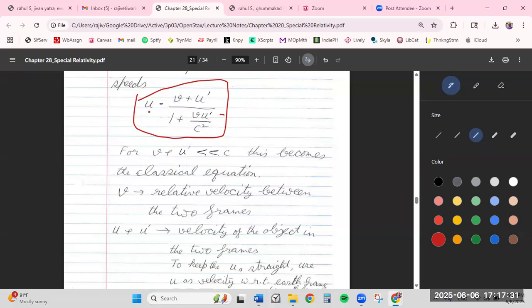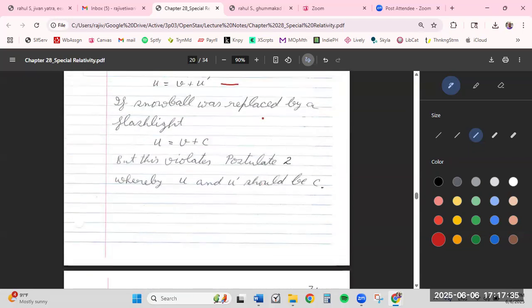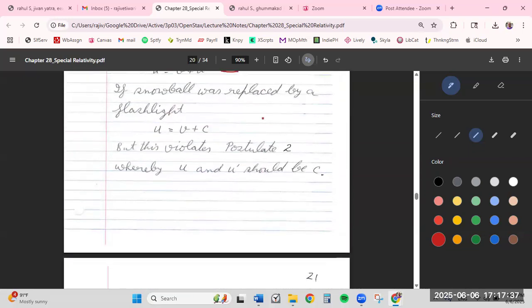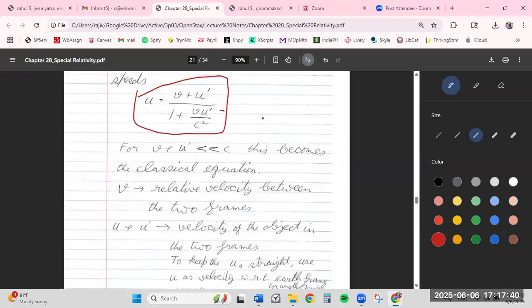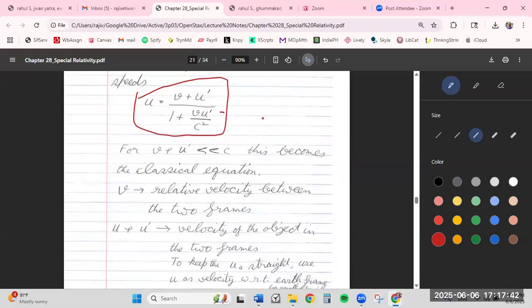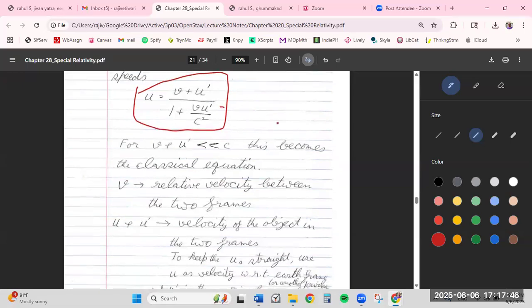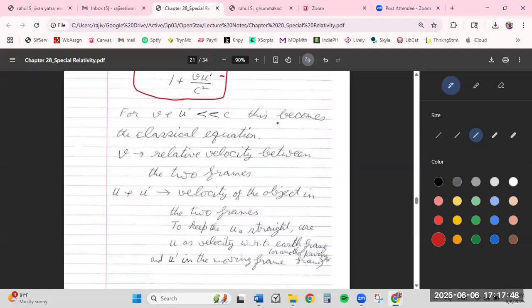And therefore, this equation becomes u equals v plus u prime, the same as the classical equation. So in the limit that u prime and v are much smaller than the speed of light, this equation is exactly the same as the classical equation.